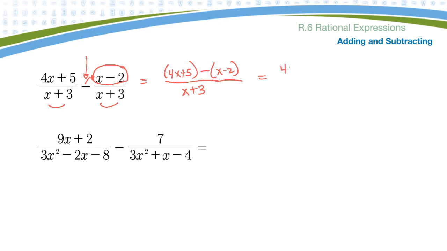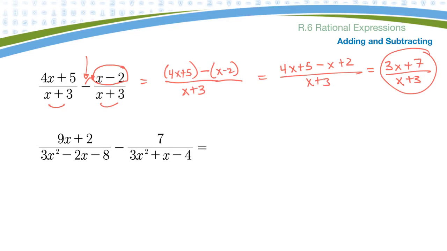So then I would drop the brackets. In the first bracket it doesn't matter, but the next one does. So it'd be minus x plus 2 all over x plus 3. Collecting like terms, I'd get 3x plus 7 over x plus 3. Done. That's a nice easy one because the denominator was the same.